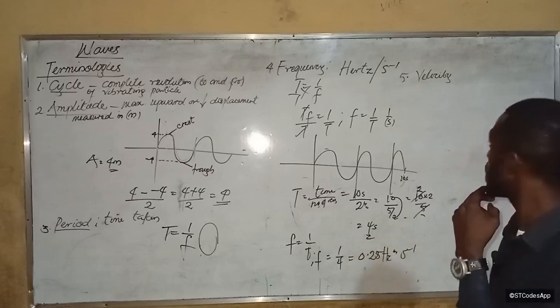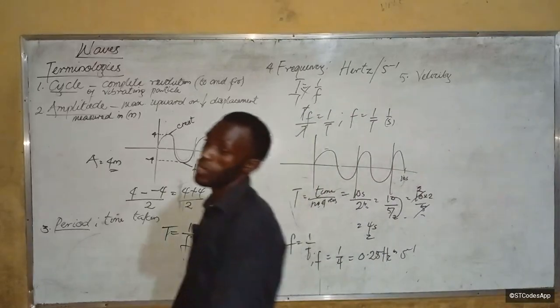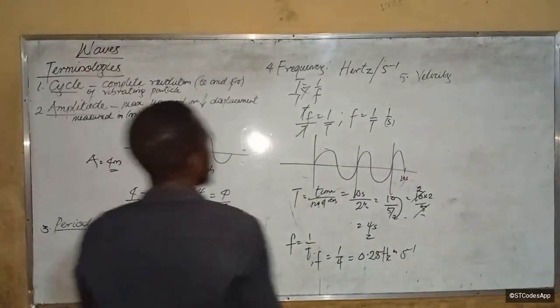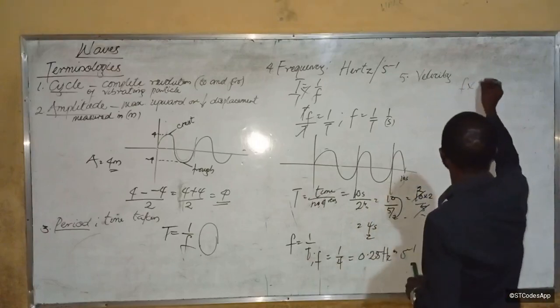It is given by the product of frequency times lambda.